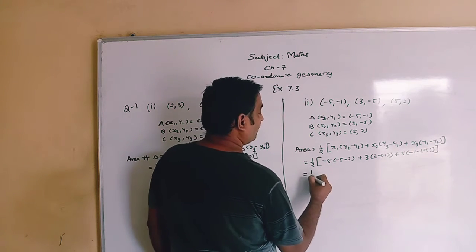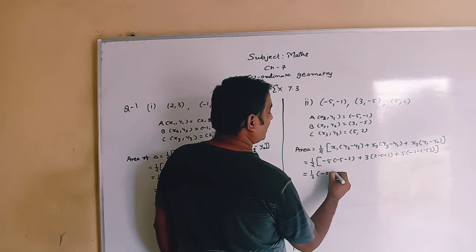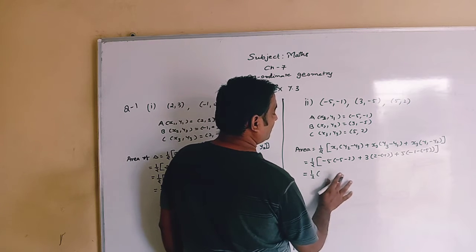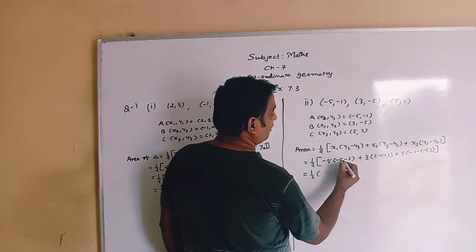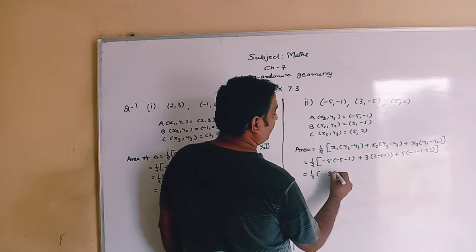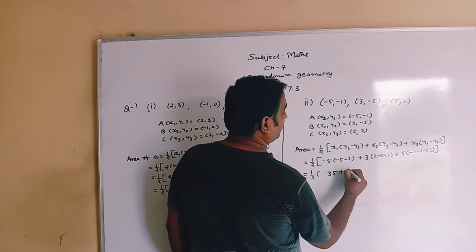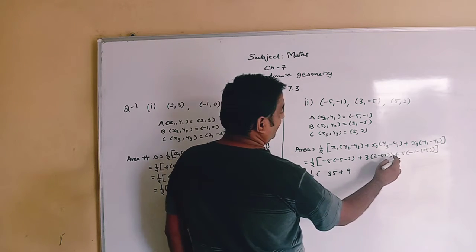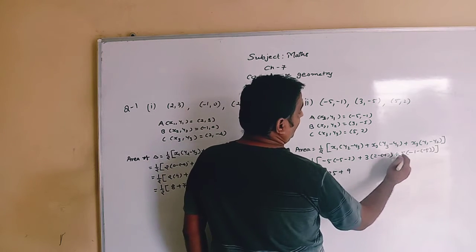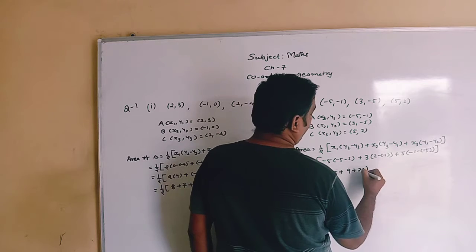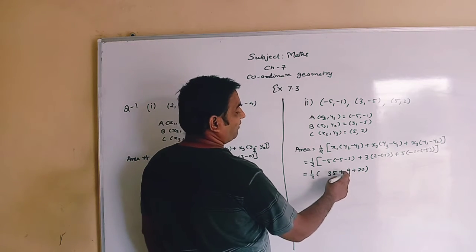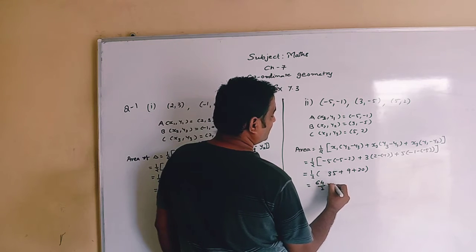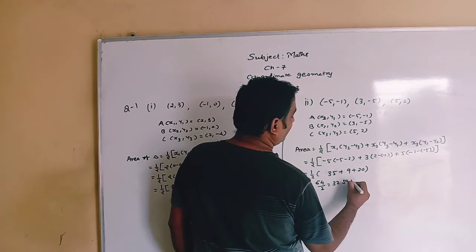So it is 1 by 2 [-5 into (-7), that is 35, plus 3 into 3, 9, plus 5 into 4, 20]. So 20 plus 9 is 29, plus 35 is 64, by 2, it is 32 square units.